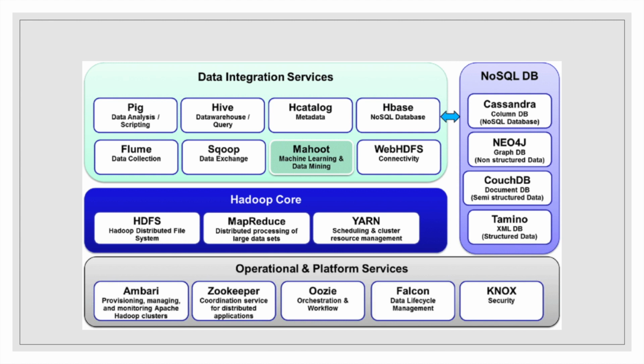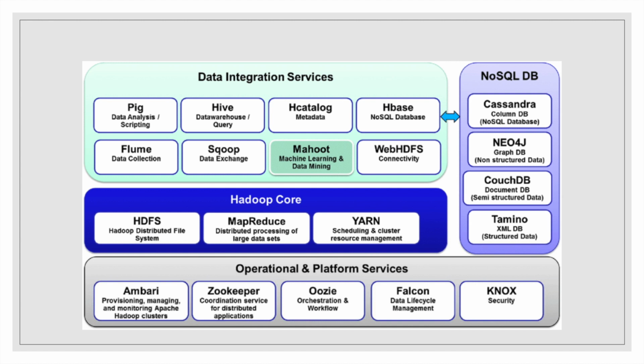Actually the first thing we will do for the data is the data integration service, with Flume, HBase, Scoop, Hive. These kinds of applications I will talk about later for specific things.